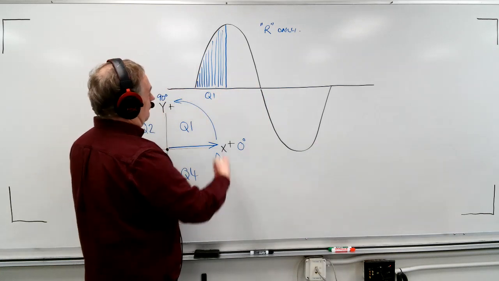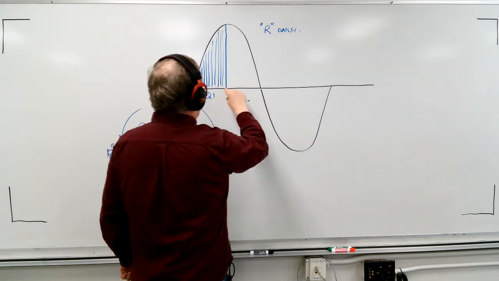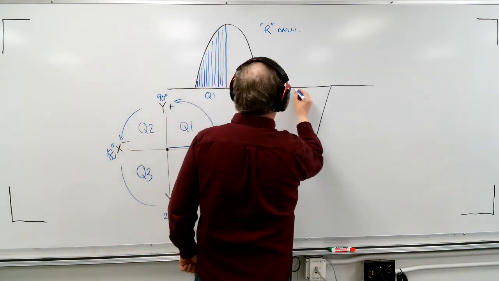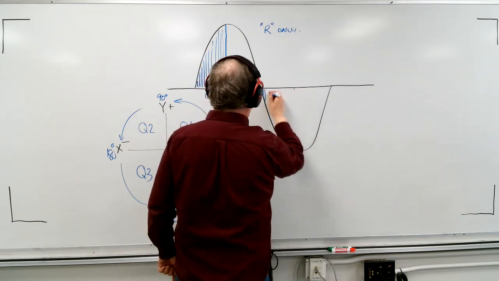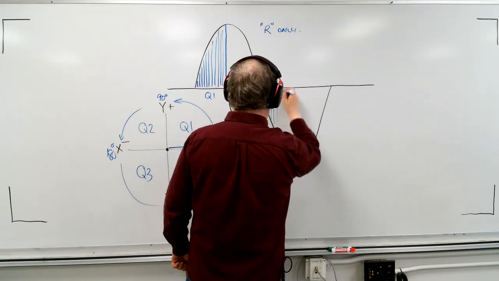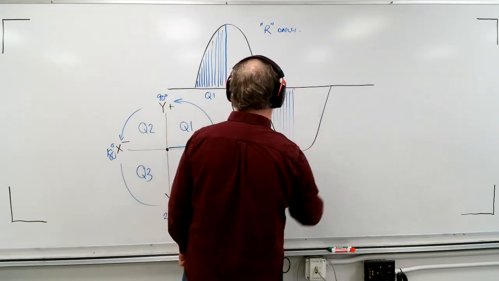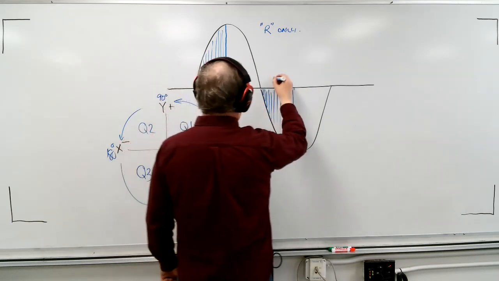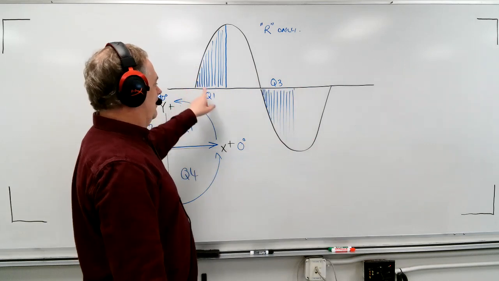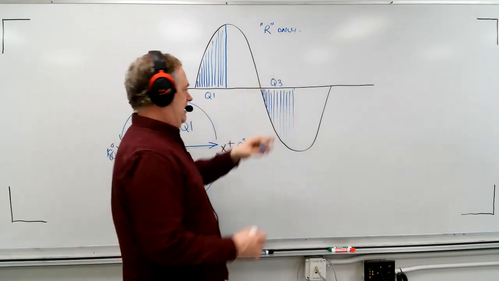Now, if we have resistance only, here's what happens. We'll get control in here, nothing here, but then we'll have control again here, in this quadrant, which is quadrant 3. So with resistive only triggering, we'll gain control in quadrant 1 and quadrant 3.